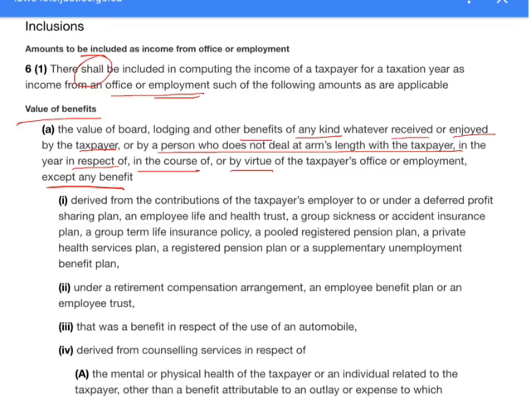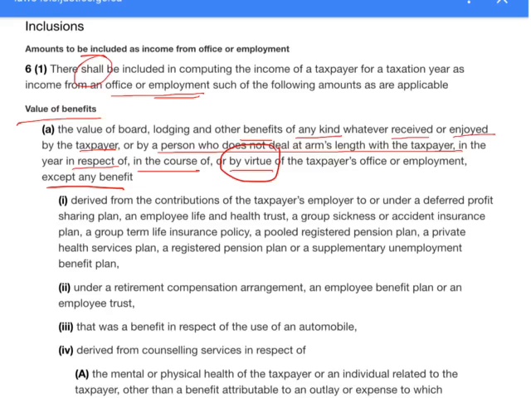I think we should just talk a little bit about by virtue of, and that means that any benefit that you received because you worked for that company, even if it wasn't received from that employer, those items will also be included in income of the taxpayer. So if an employee works for, well, let's say Best Buy, wins Employee of the Year, Salesperson of the Year, and Sony TV gives them a TV as a prize for being Salesperson of the Year.